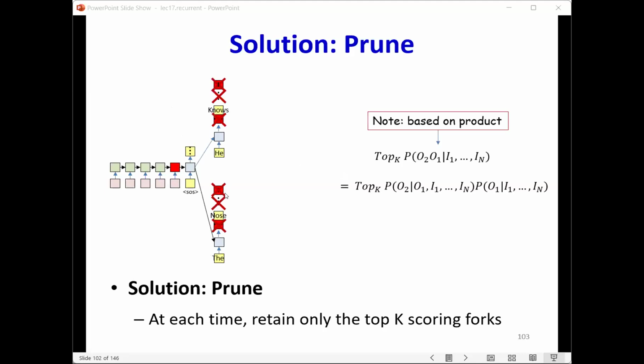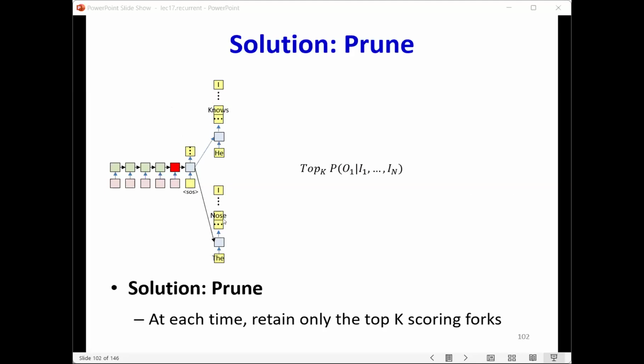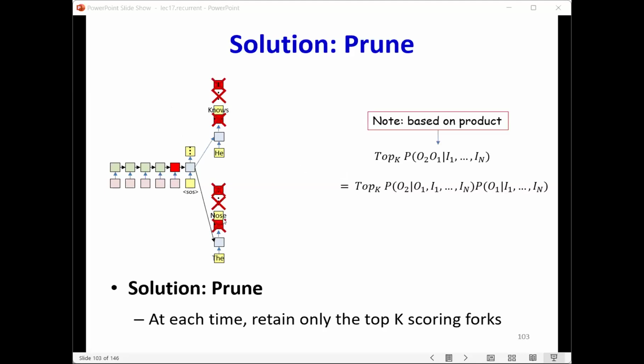And then from across these two sets of branches, I'm going to pick the top 2. The criterion for picking the top 2 is going to be the product of the probability here and the probability here. So for nose, I'm going to be choosing the probability of nose given the input, times the probability of he, that's the input here, given the input.